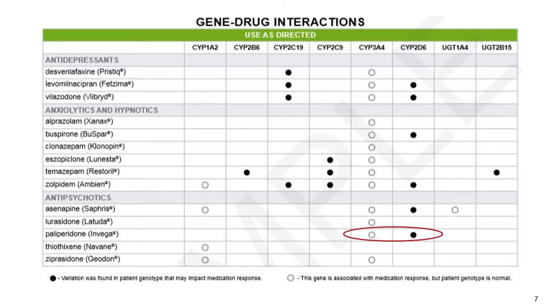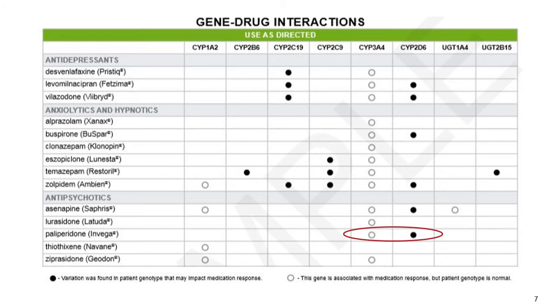And so if we come down to paliperidone, and why I wanted you to remember the metabolizer status for CYP2C19 and 2D6 is because this patient has that variant in CYP2D6. And therefore, you would think that we would be worried about using paliperidone in this patient given that potential gene-drug interaction.